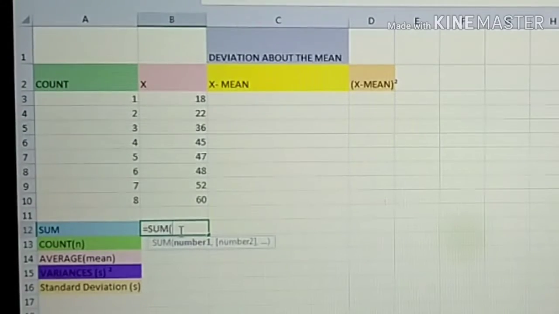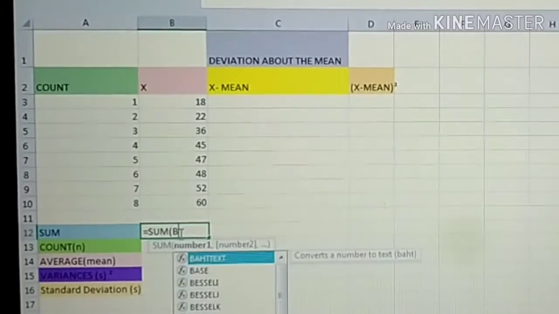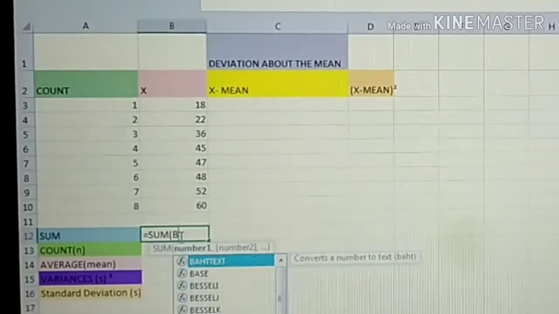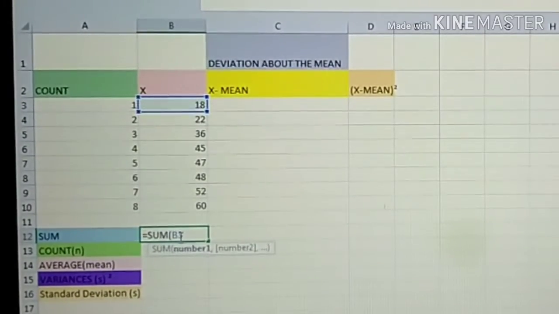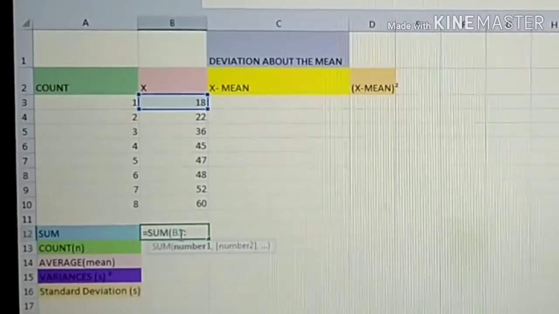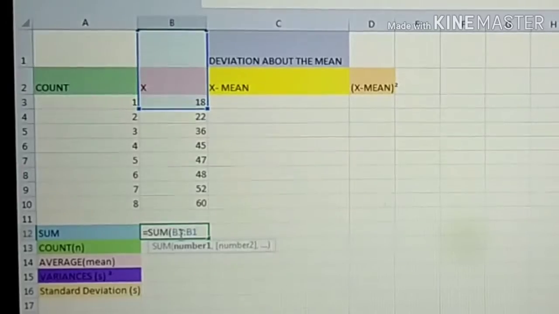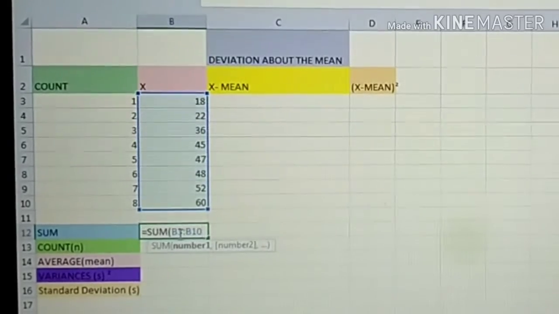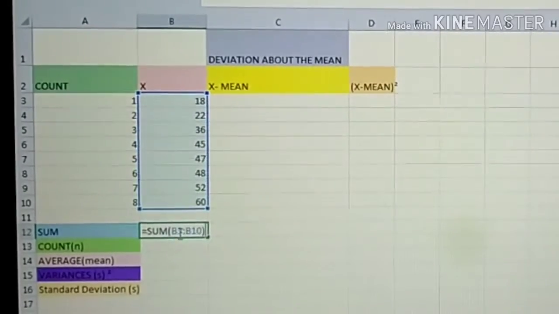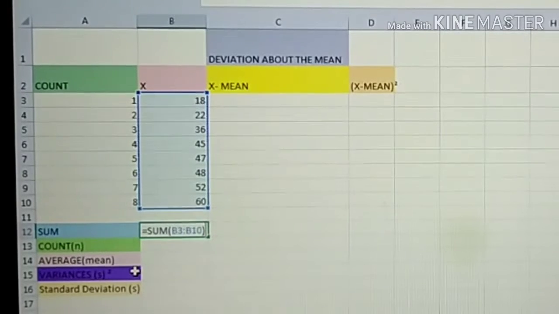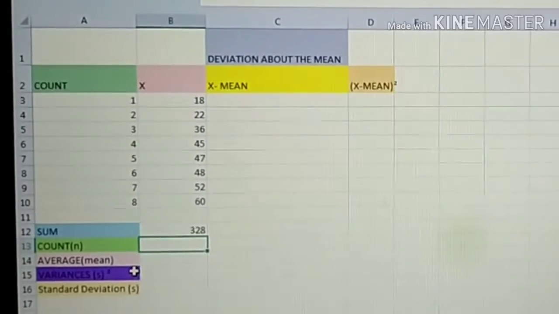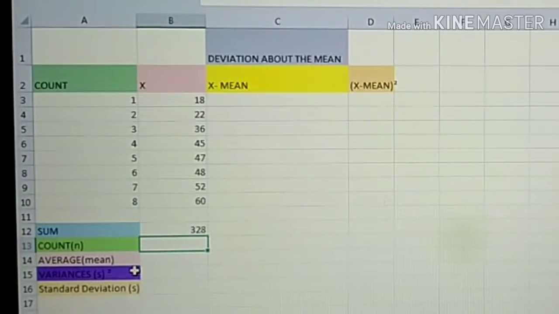So, B3 is to B10. Then, close parenthesis, that would be the formula to get the sum. Then, enter. So, that would be 328.